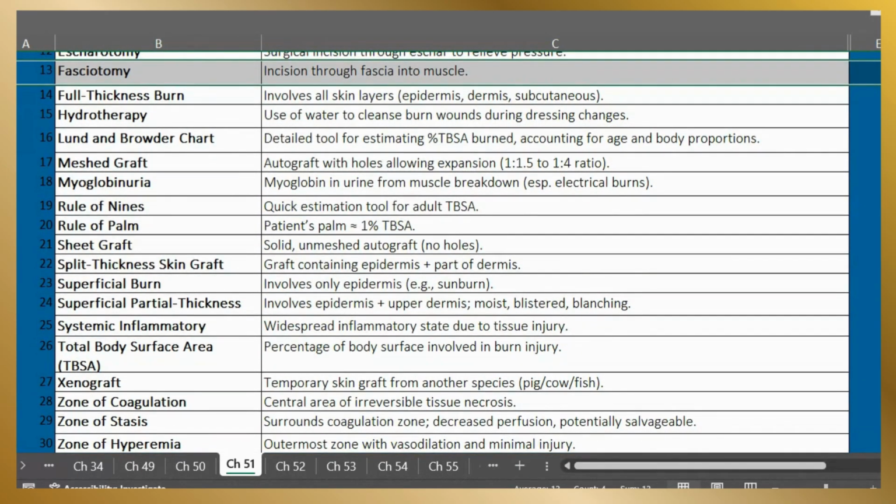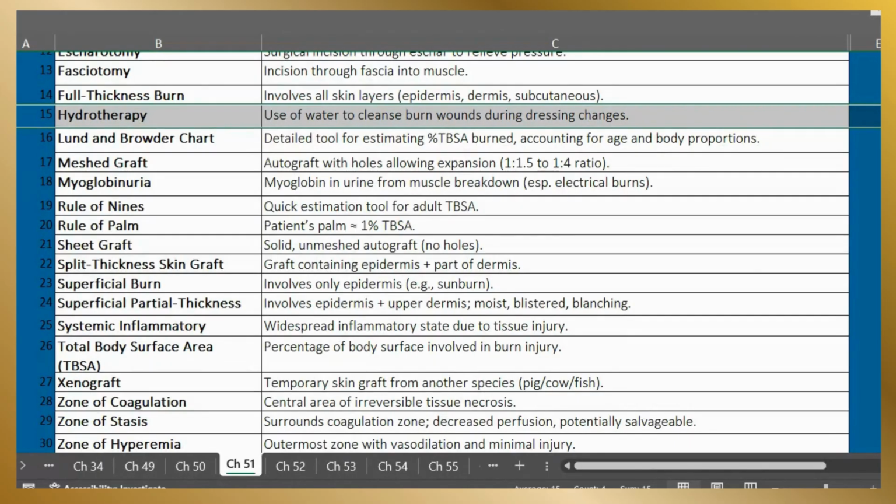We have full thickness burn, involves all skin layers, epidermis, dermis, and subcutaneous. So skin white or charred, non-blanching, insensate, requires grafting.